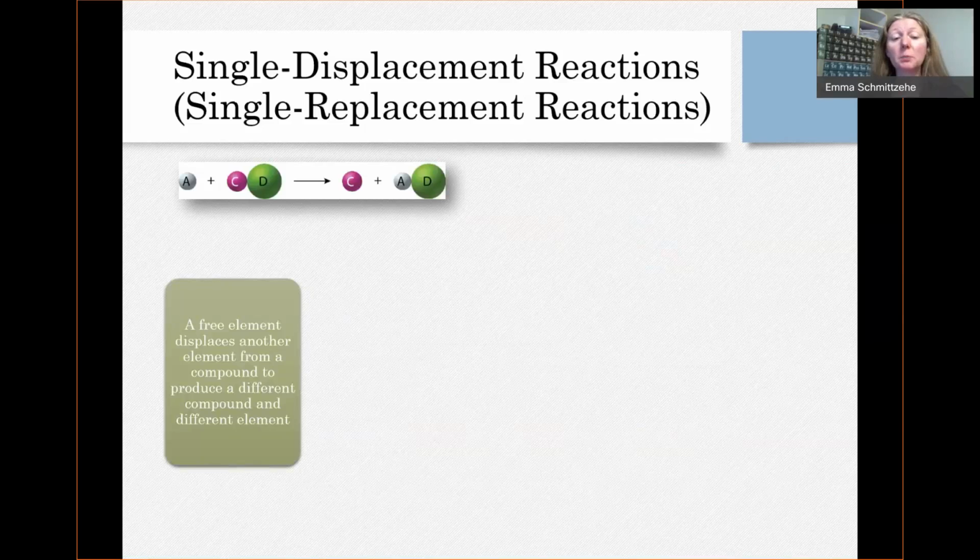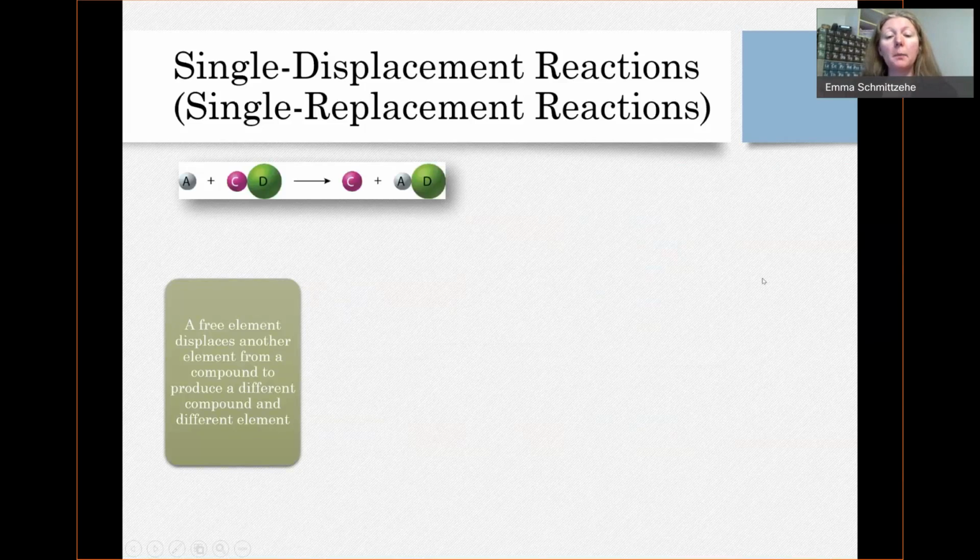Okay, and so that's the basic idea of the reaction: you have something essentially by itself, and then something that's got two things bonded together, and the thing by itself kind of kicks one thing out of that compound and replaces it. Okay, and so that is a single displacement or single replacement reaction.